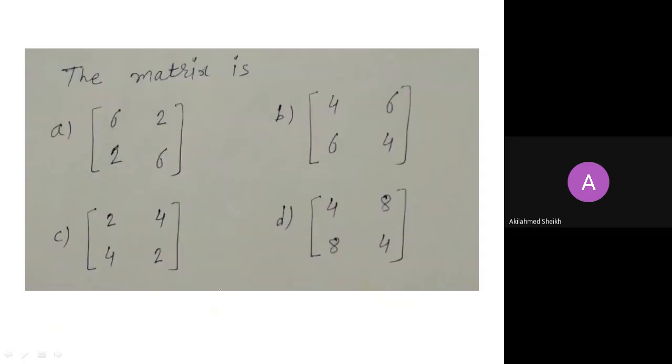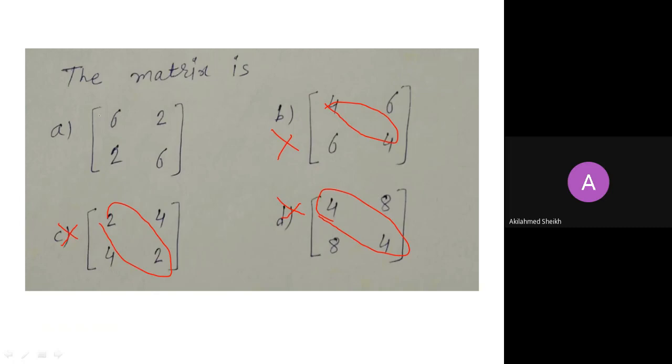Check here the matrix B, whose sum of diagonal elements is 8. Matrix C, whose sum of diagonal elements is 4. Matrix D, the sum of whose diagonal elements is 8. Means these three options are wrong or discarded.